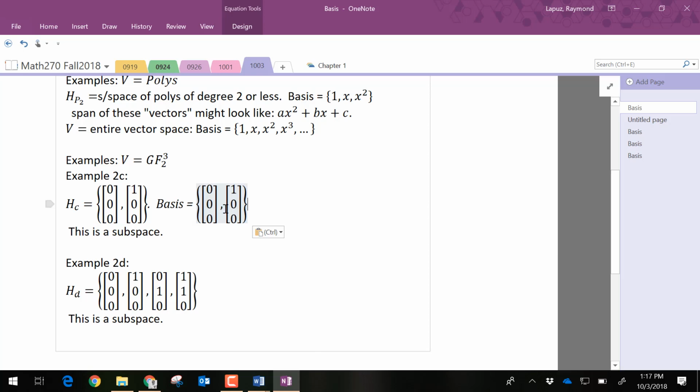Which one? The 0 vector. There you go. This is the basis for the subspace. All we need is this to be able to span my whole space. By span, I mean write it as a linear combination to get everything else in my subspace.